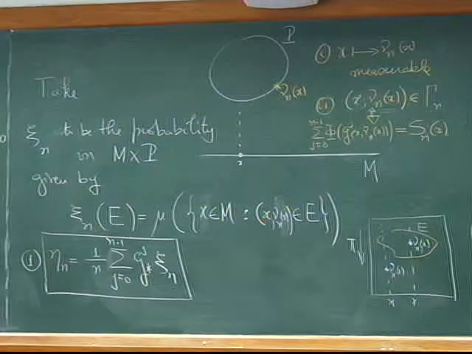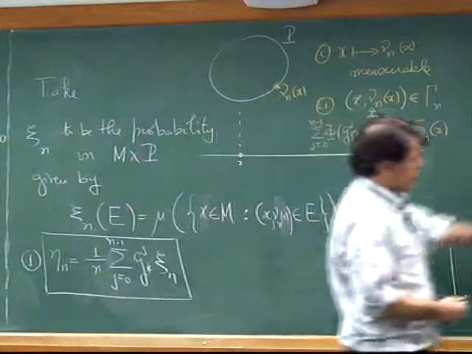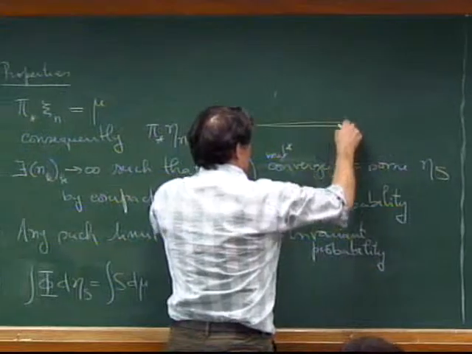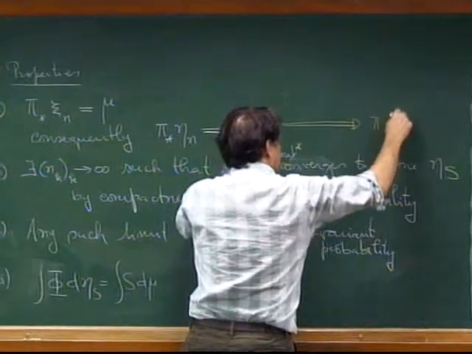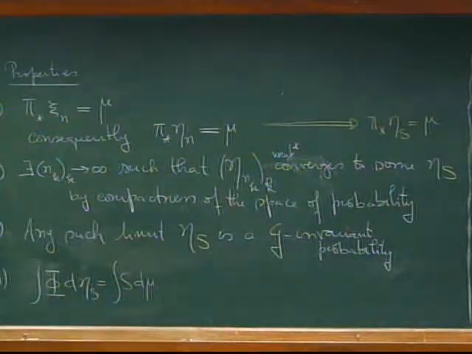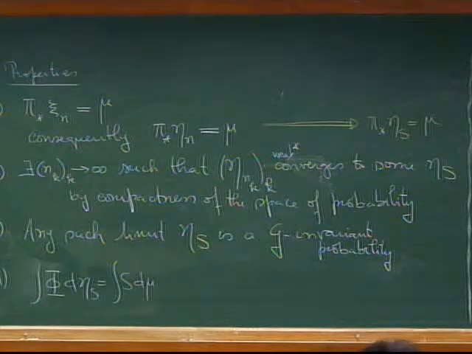One thing that I didn't say, since this is true for every mu, then it goes to the limit. Goes to the accumulation point, and that's the other property here. Okay?